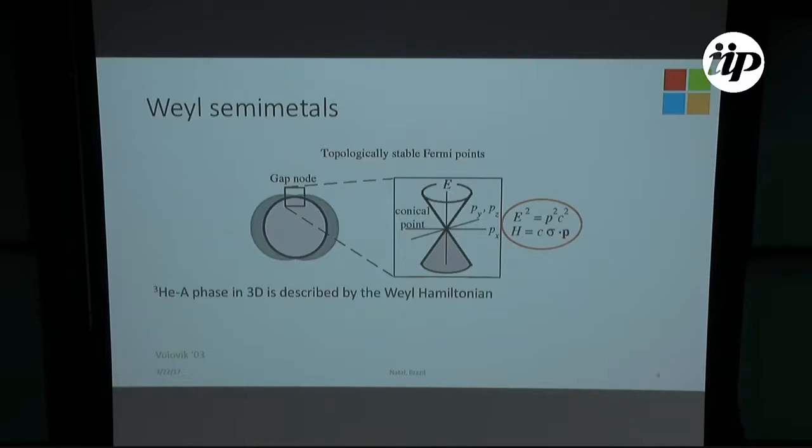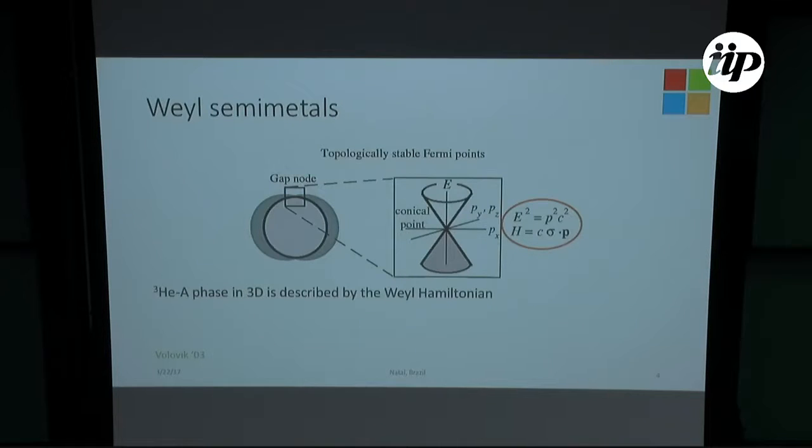In the A phase of helium-3, the Fermi surface gets gapped everywhere besides at the nodal points at the poles of this Fermi surface, and there is linear dispersion, of course, near these points. So the Hamiltonian is written here, and these points are called Weyl points.